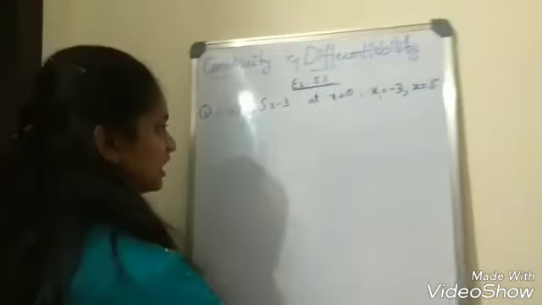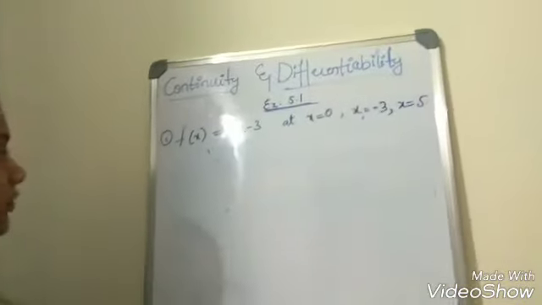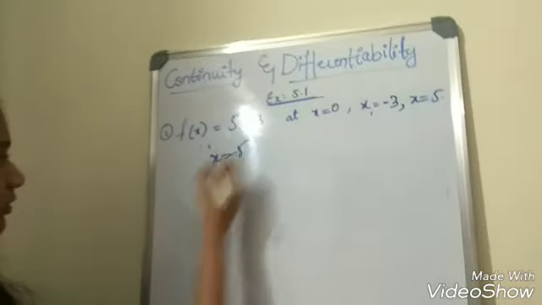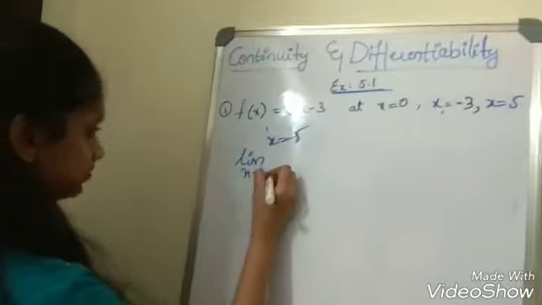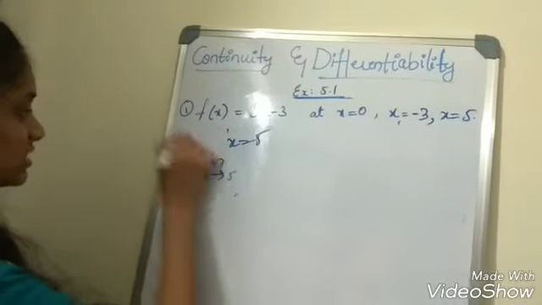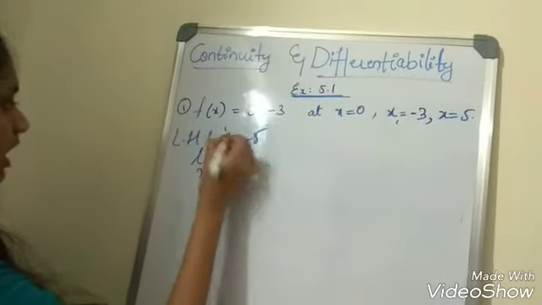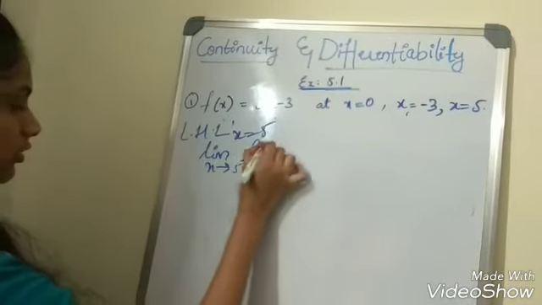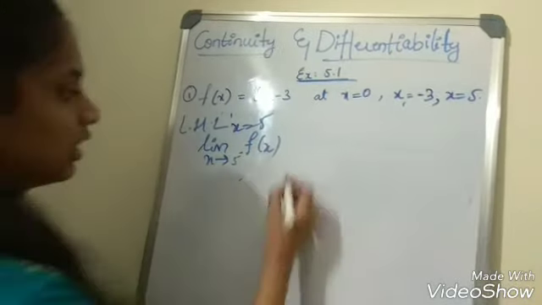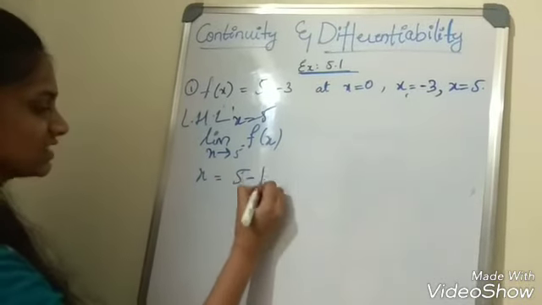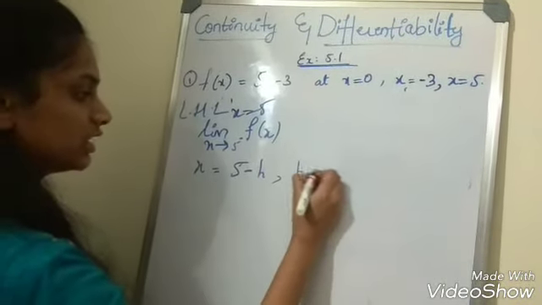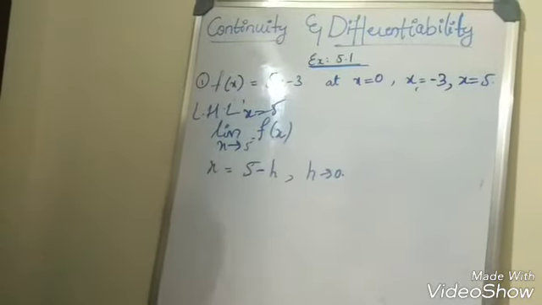Now, let's check its continuity at x is equal to 5. Now, let's take its left hand limit. x tends to 5 minus of f of x. Now the value of x will be equal to 5 minus h, and the h will be tending to 0.